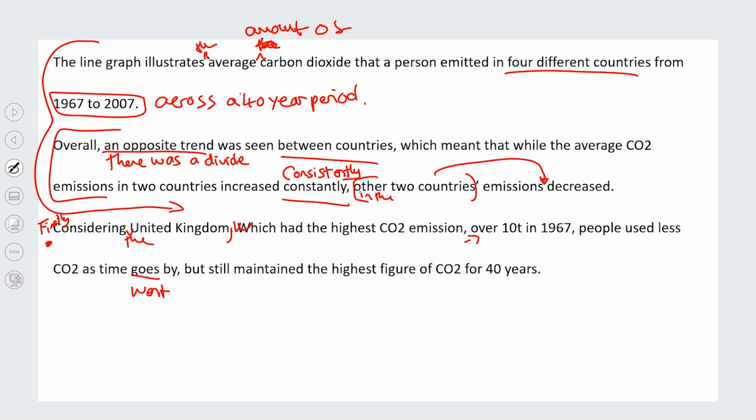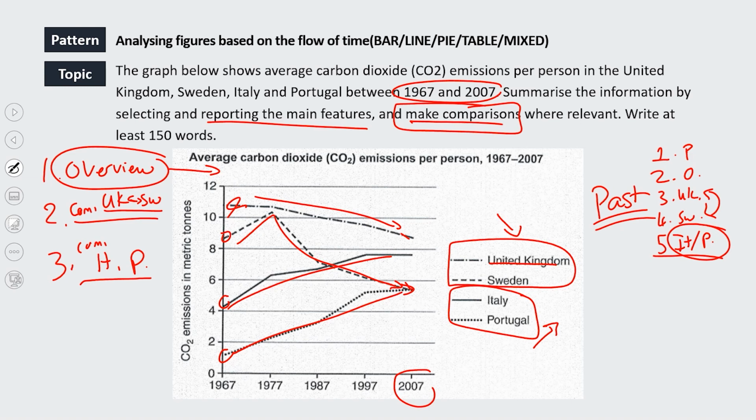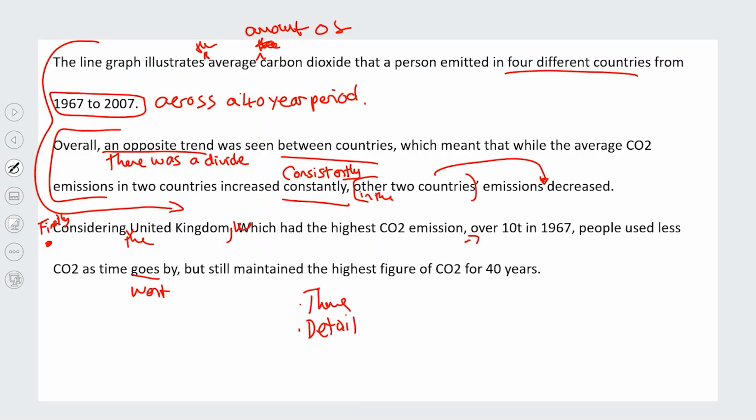What this candidate has done is they've mixed that together. Rather than doing a theme sentence and then detail support, they've pushed those two together. That's what it means in the question where it says reporting the main features, making comparisons, and then supporting with data. I would want to say something like: firstly, considering the United Kingdom, which had the highest CO2 emission over the entire period, despite a gradual decline.